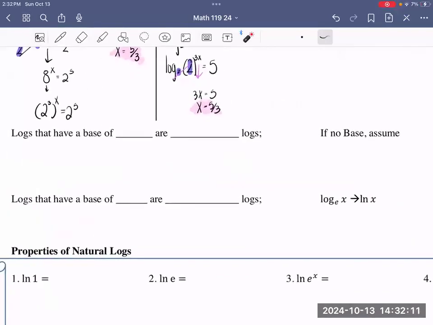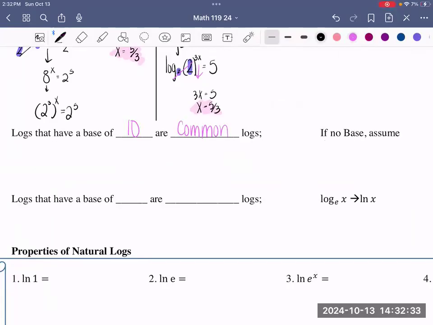Now, there are some logarithms that pop up a little bit more frequently than others. So logs that have a base of 10 are called common logs. This is what your calculator normally does when you type the logarithm button on there. It just is a logarithm.